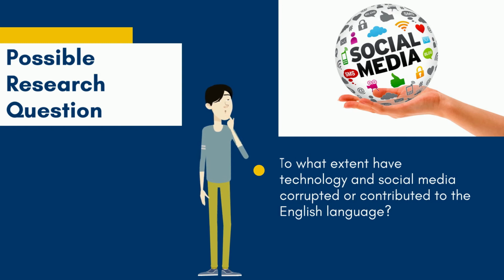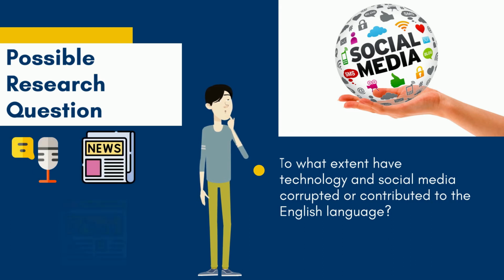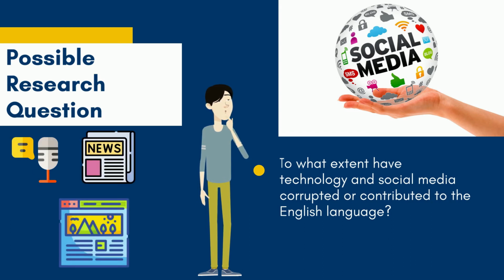To what extent have information technology and social media corrupted or contributed to the English language? As we're looking at the cultural context of how it may be changing the English language, your primary sources would be from interviews, newspapers, and websites, whereas your secondary sources could come from journals and articles.